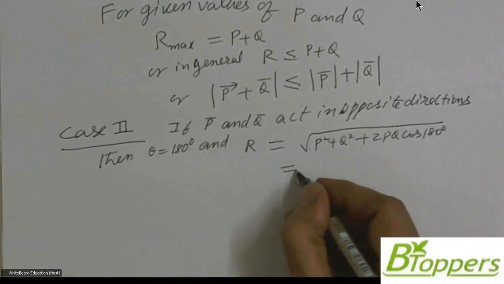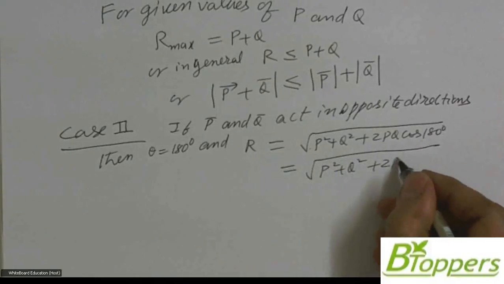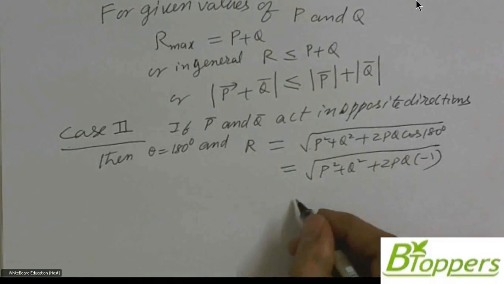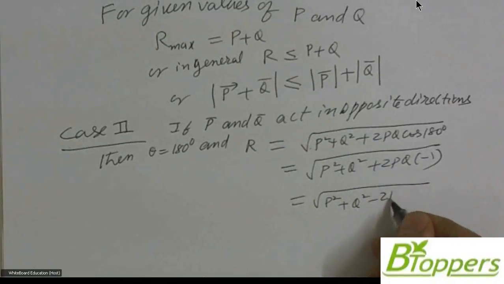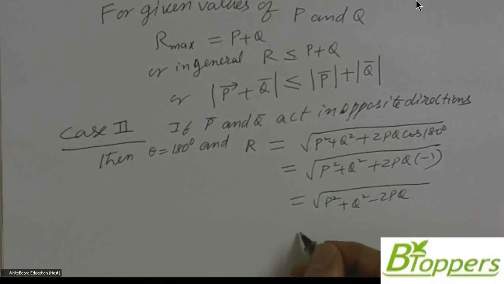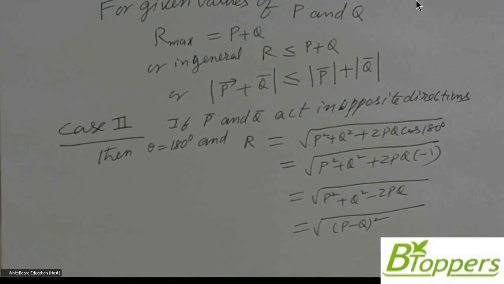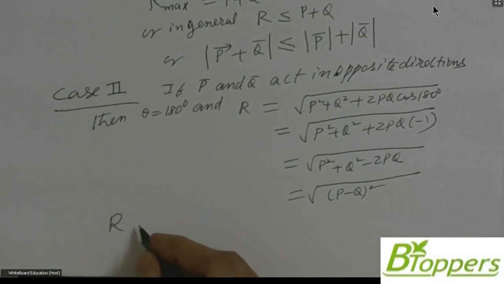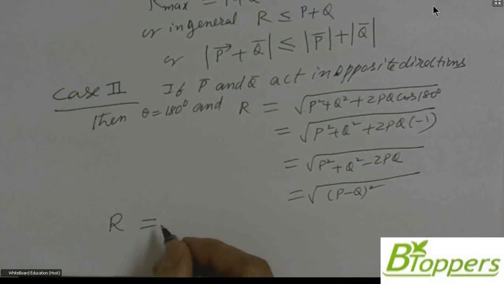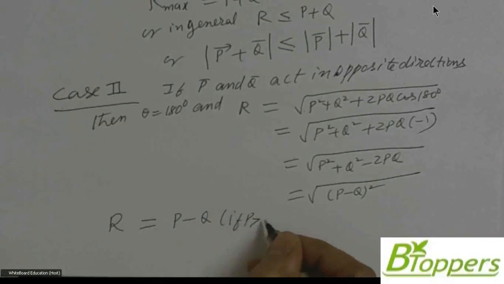Theta is 180 degrees. The value of cos 180 degrees equal to -1. So you get root of P square plus Q square minus 2PQ. That you can write root of P minus Q whole square. So that means magnitude of the resultant, if the two vectors P bar and Q bar act in opposite direction, can be written as P minus Q if P is greater than Q.